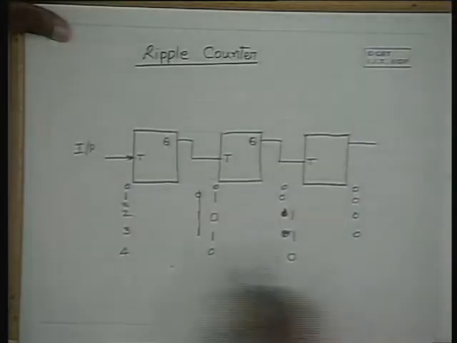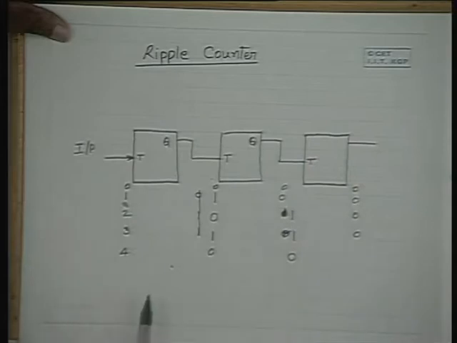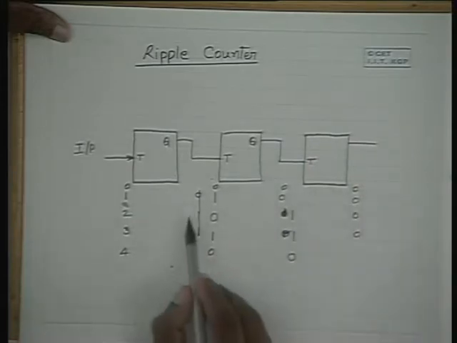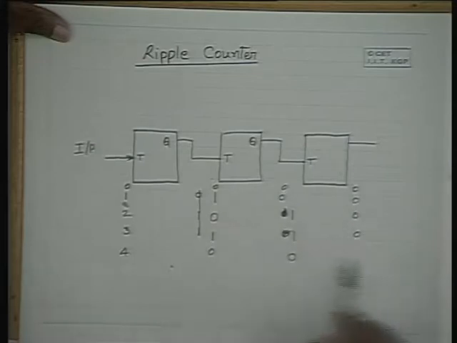Therefore, for different pulses, you get the binary output here. So it will be all zeros, 0, 0, 1, 0, 1, 0, 0, 1, 1, then 1, 0, 0. For 5, you will get 1, 0, 1, and so on.